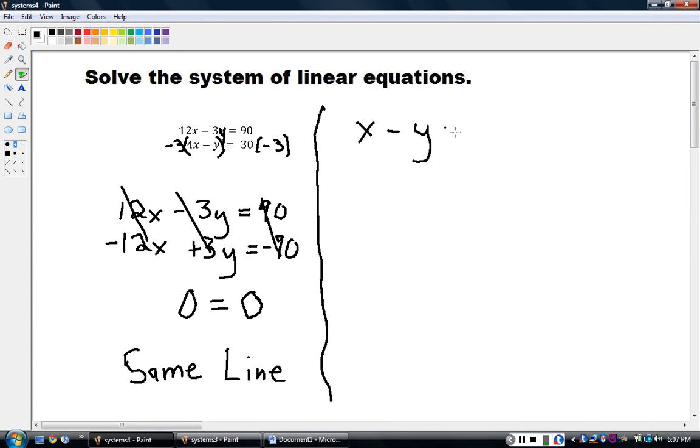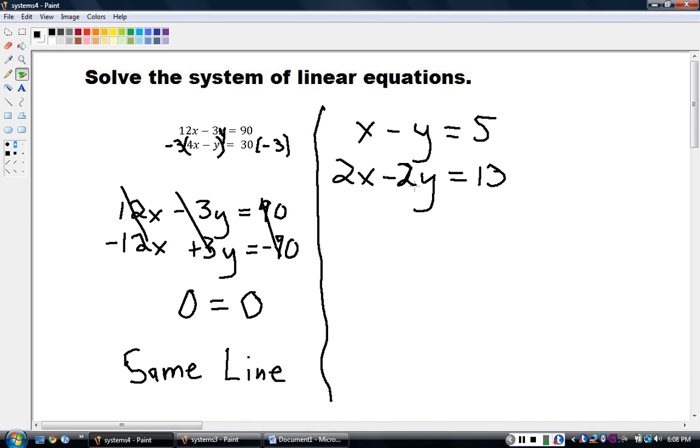X minus y equals 5. And this one says 2x minus 2y equals 13. Okay, last example for this video. Alright, x minus y equals 5, 2x minus 2y equals 13.